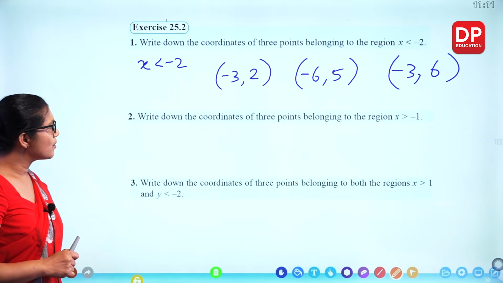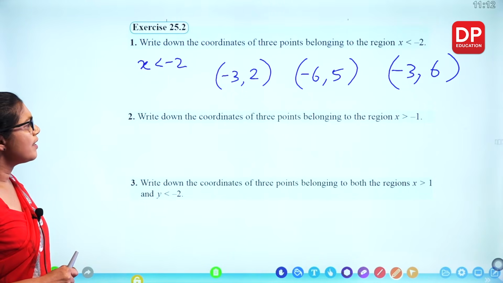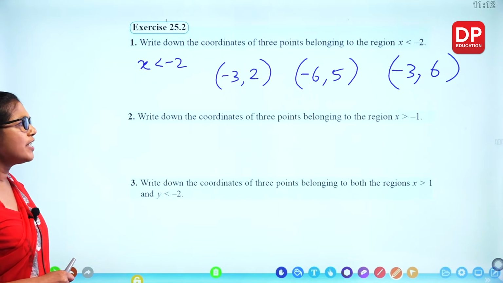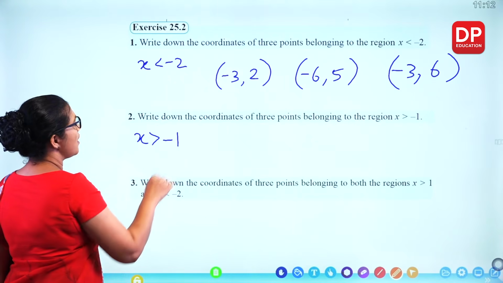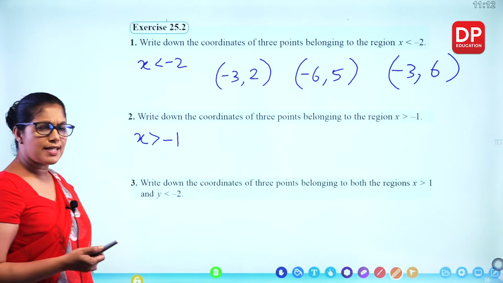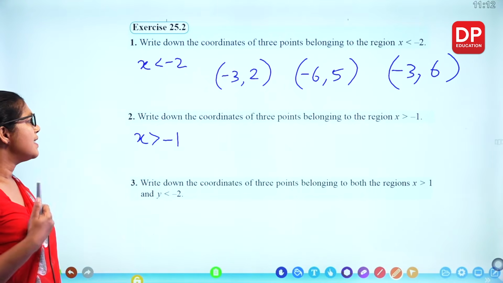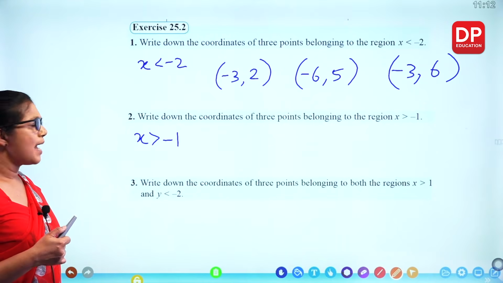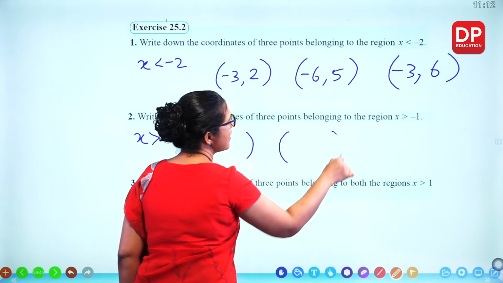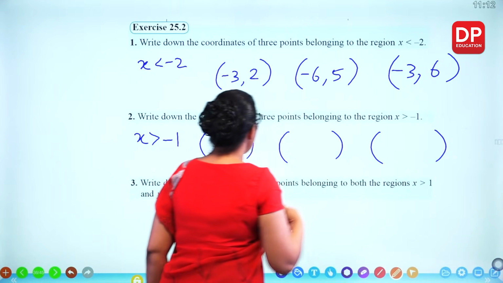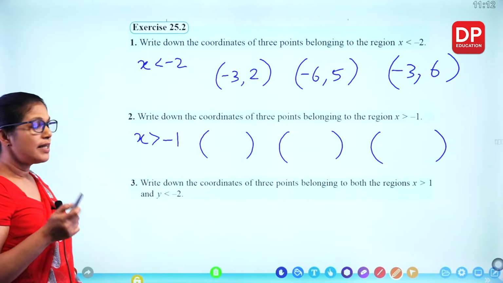Now we'll look at the second question. Write down the coordinates of 3 points belonging to region x greater than minus 1. So first identify what x values satisfy greater than minus 1. So what are the values you can take? Don't take minus 1 because that's not included.